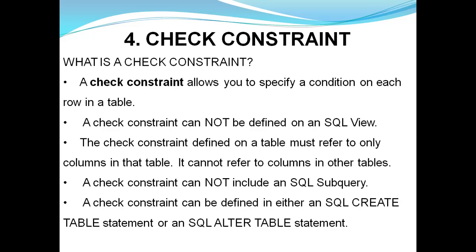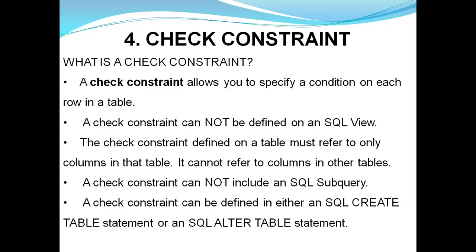So no other constraint can help us in that. If I apply the primary key, then it will not accept a duplicate, but any value can be accepted. Very simple. But check constraint helps us to give a condition as well.